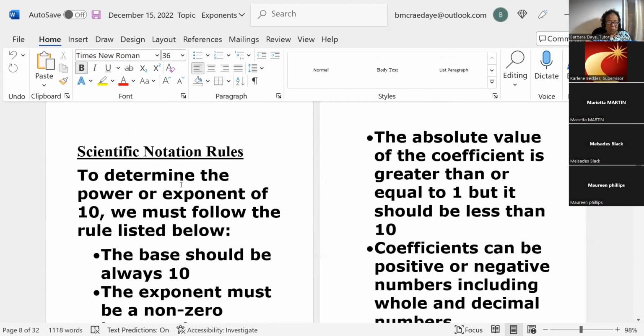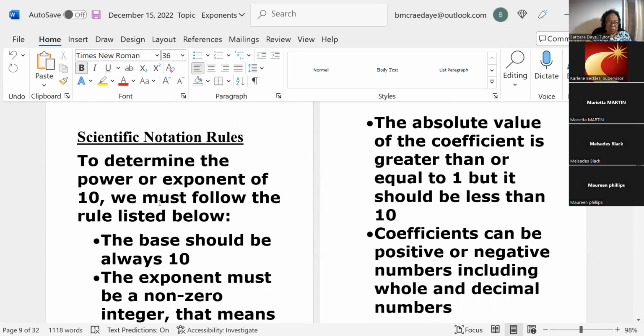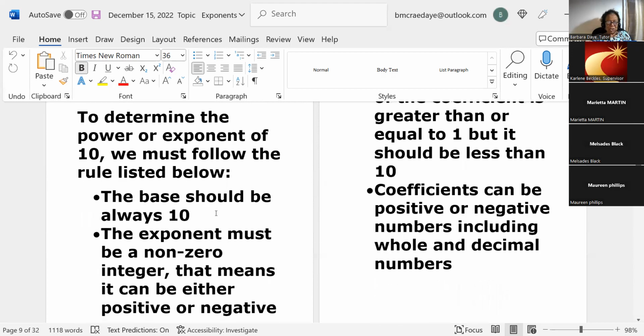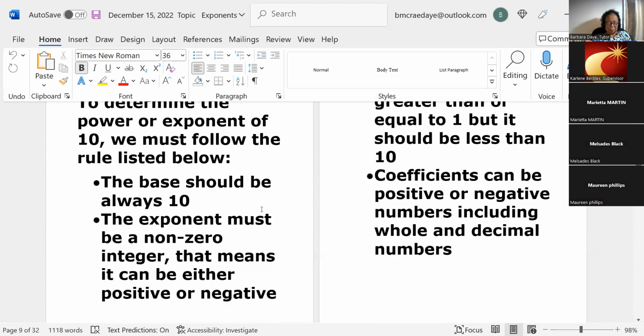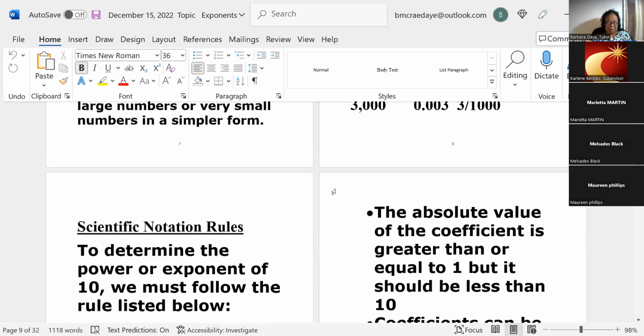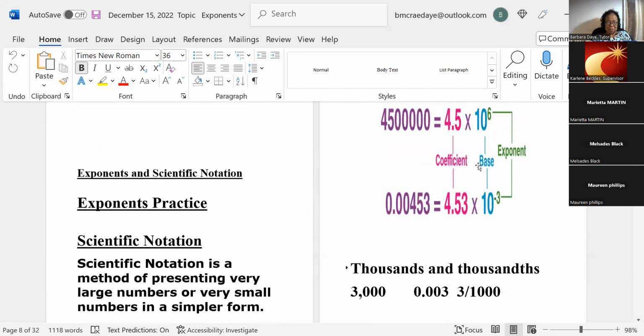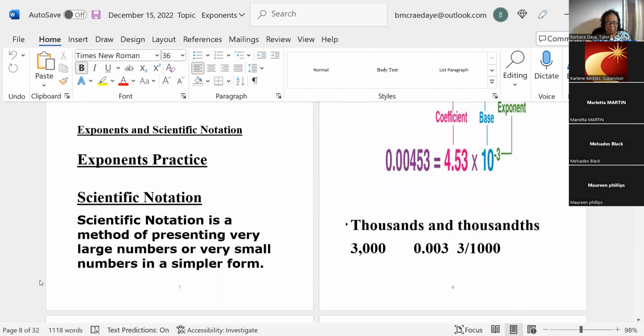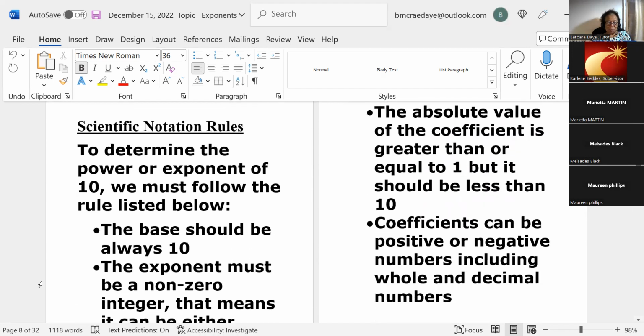Okay, so let's look at these rules here. The base should always be 10. Let's go back up here. Here's your base, always 10. What else must we know?